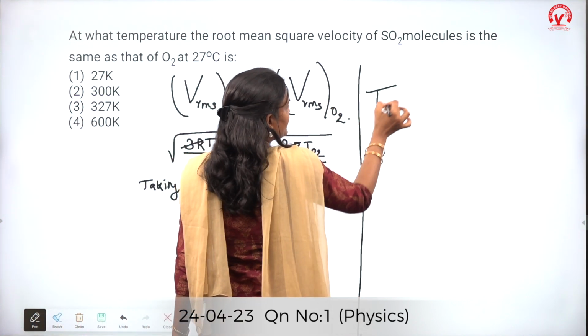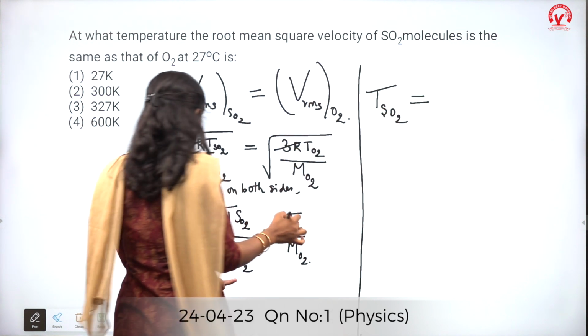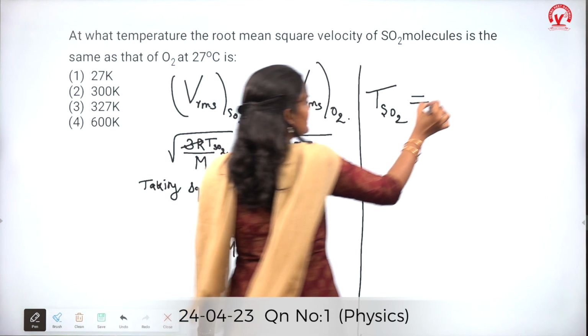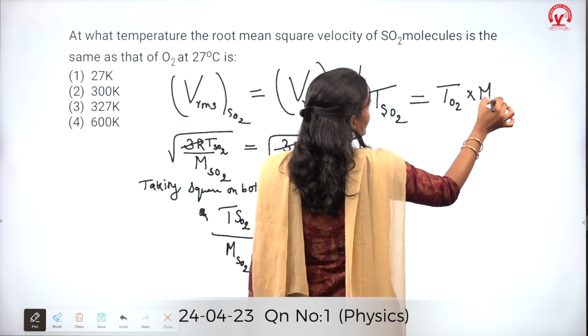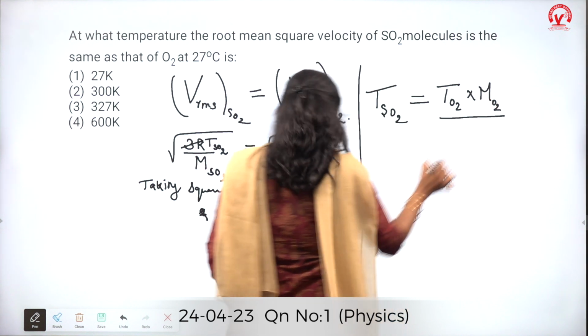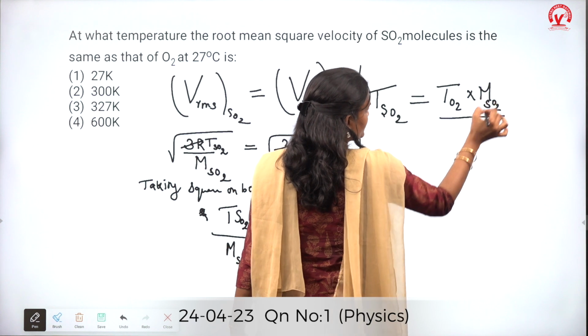Our aim is to find the temperature of SO2, so T of SO2 is equal to T of O2 into M of SO2 divided by M of O2.